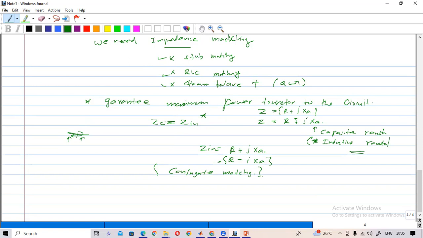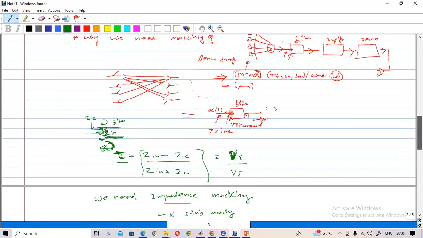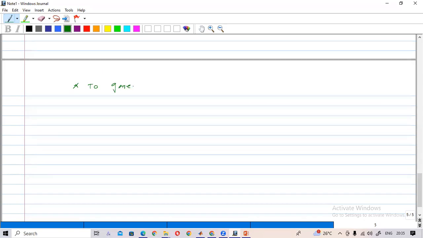Then the maximum power transfer will be guaranteed to the circuits. That is one thing we need matching for in antennas, to guarantee the maximum power transfer.